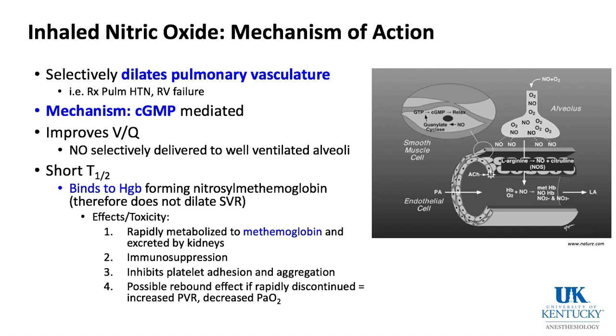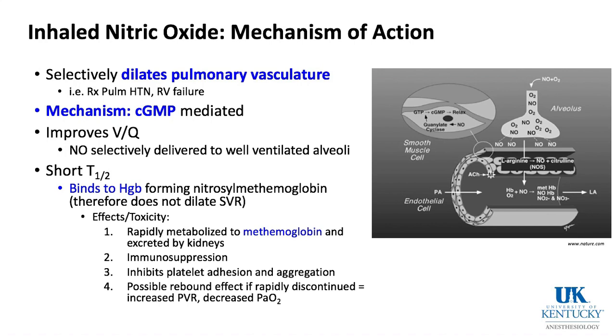It improves ventilation to perfusion ratios. It's selectively delivered to very well ventilated alveoli and therefore dilates the blood vessels there, raising perfusion. It works through cyclic GMP, but why is it so short acting, and why just on the pulmonary vasculature?